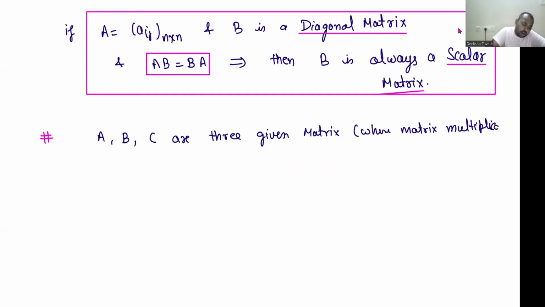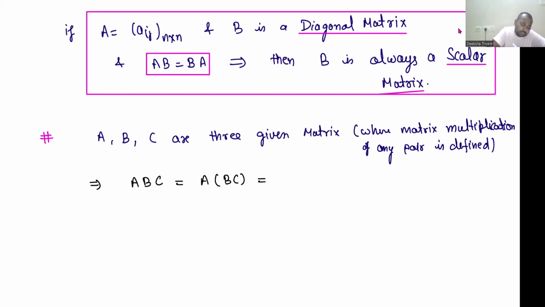So we are taking order in such a way that any matrix multiplication of any pair is defined, so we can multiply any two matrices. Here we can have some results. First one, ABC, that we can write is A have pre-multiplication with BC or C have post multiplication with AB.